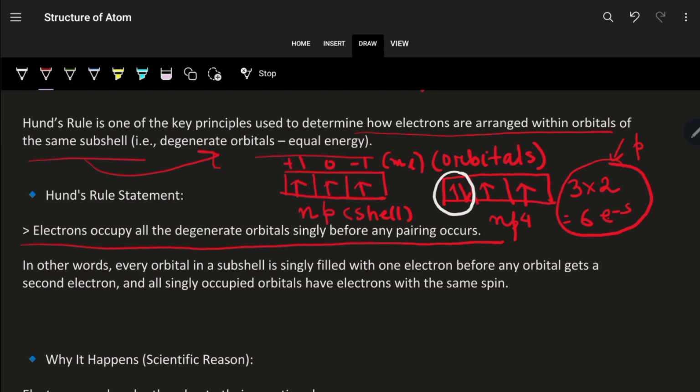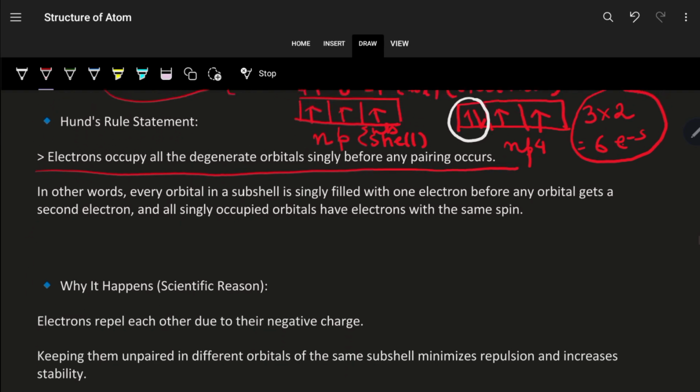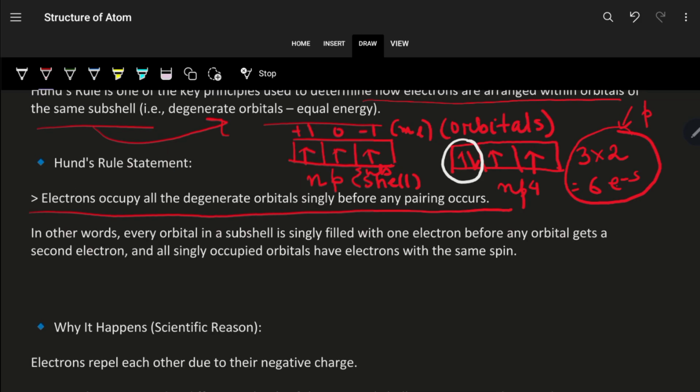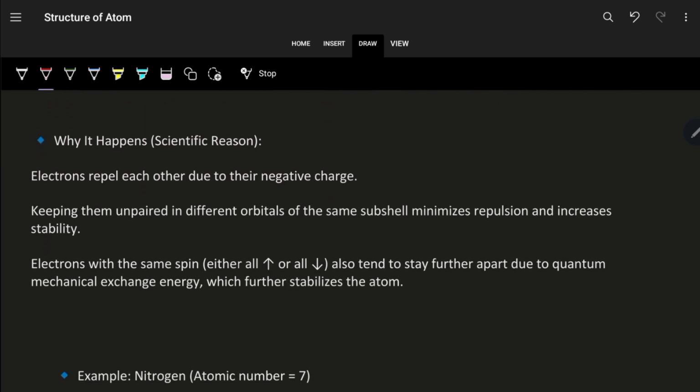Okay, here this is the subshell. Now, in other words, every orbital in a subshell is singly filled with 1 electron before any orbital gets a second electron, and all singly occupied orbitals have electrons with the same spin. That is what I have shown here. Why is it so?